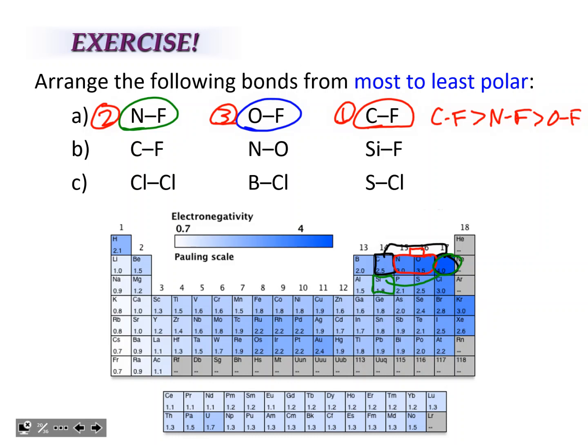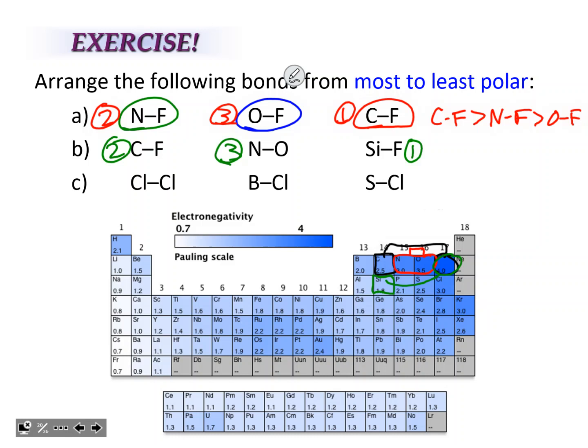So which one would be the most in that case? The Si to F, yes, this would be the first, this would be the highest, so the most. Then comes C to F, and then of course N and O are right next to each other, so that's going to have the least electronegativity difference.